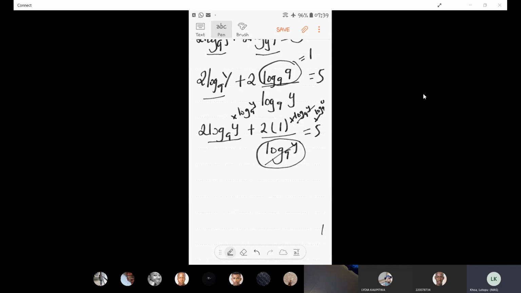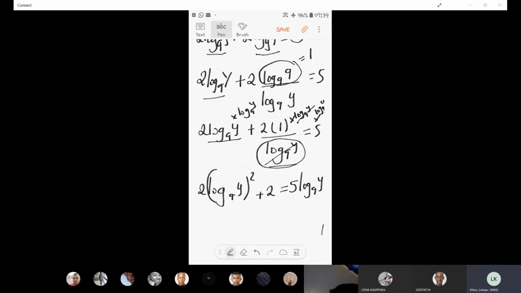When you're multiplying log base 9 of y by itself, that becomes log base 9 of y squared. So I have 2 times log base 9 of y squared, and then plus 2, because this one over here cancelled, and this is equal to 5 log base 9 of y.